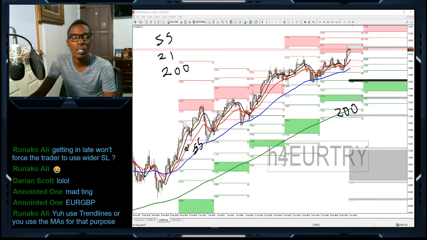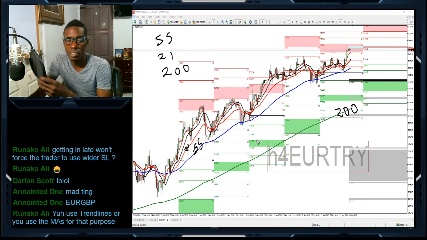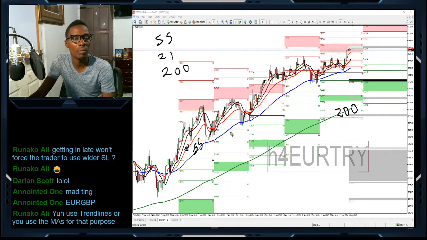So I use this moving average to help me keep the trend in play. I use it for two reasons. If I don't get the correct price action, it's not really playing on this chart, but basically it helps me to keep buying even though it doesn't line up at the pivot points.